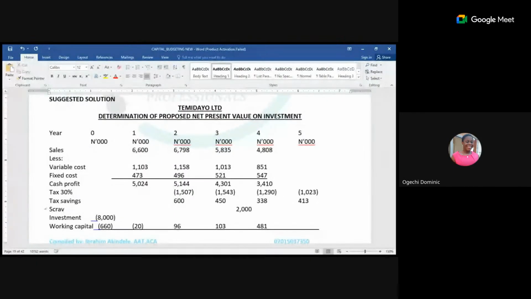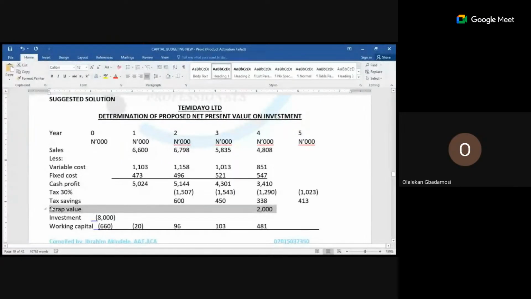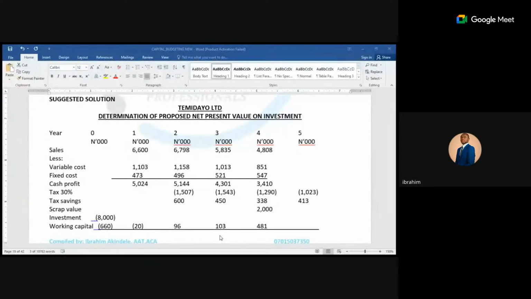Is it not the same as sales proceeds? No, scrap value is better. It's an inflow. Okay, thank you, sir.